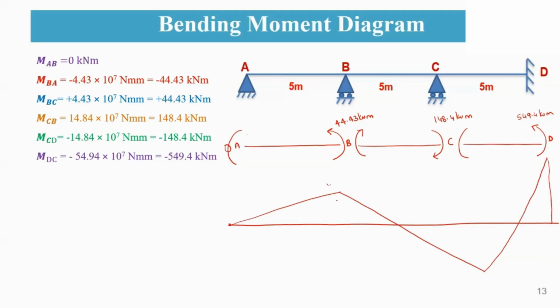So this is a positive value of 44.43 kilonewton meter. Why? Because at this junction, you are having a sagging moment. Again, at this junction, you are having a hogging moment of 148.4 kilonewton meter. This point is C, this point is B, and this point is A. This moment is 0. Whereas at position D, it is again sagging in nature, which is 549.4 kilonewton meter.